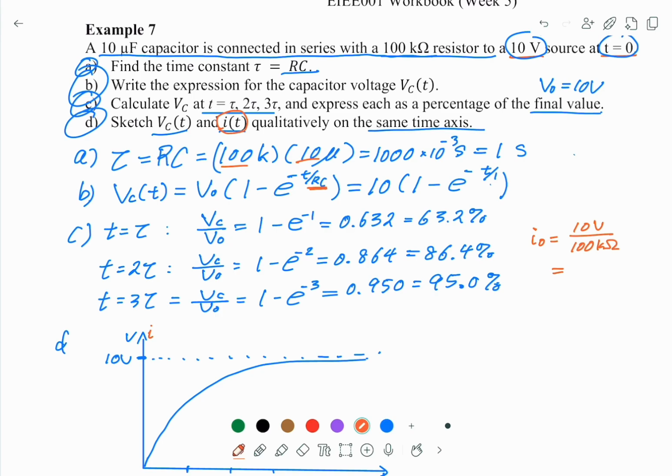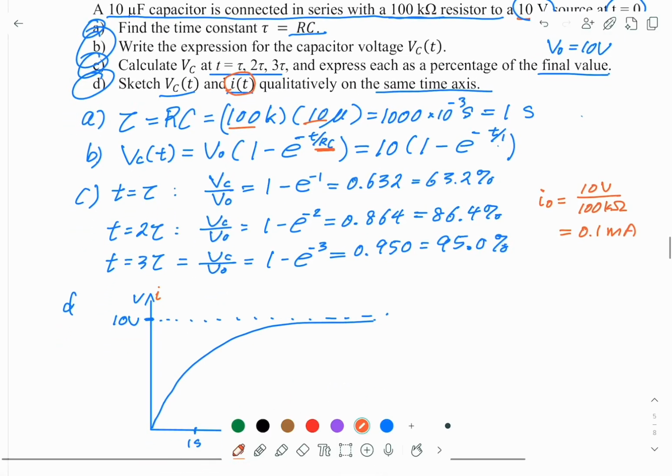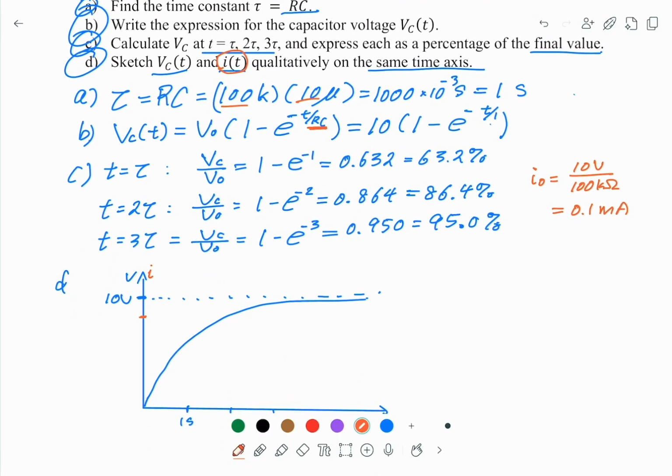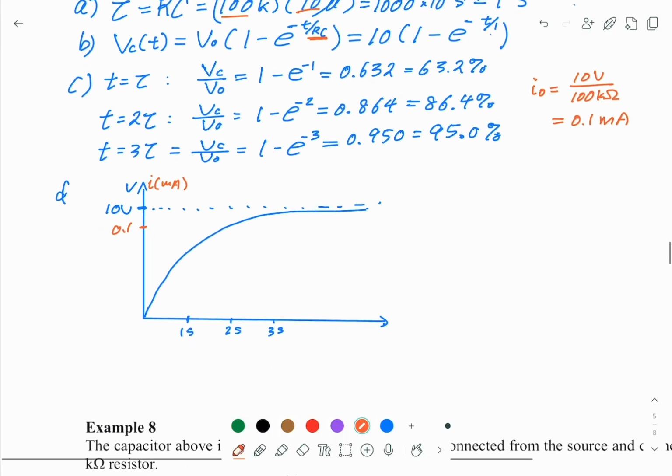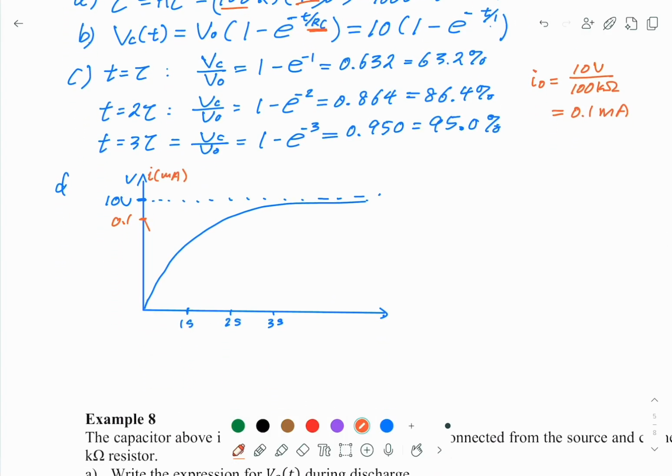So this is 0.1 milliamp. If we say this is in milliamp, this is 0.1, and again this will be an exponential decay.